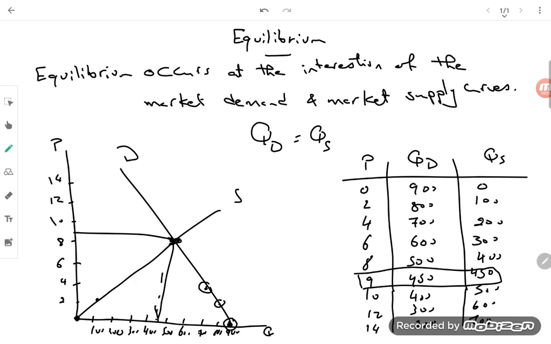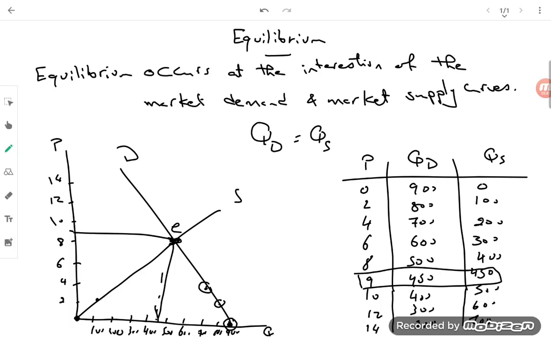The point of intersection of demand and supply is the equilibrium at 150 and 9. So this is the graphical illustration of equilibrium. Equilibrium is the point of intersection of demand curve and supply curve.